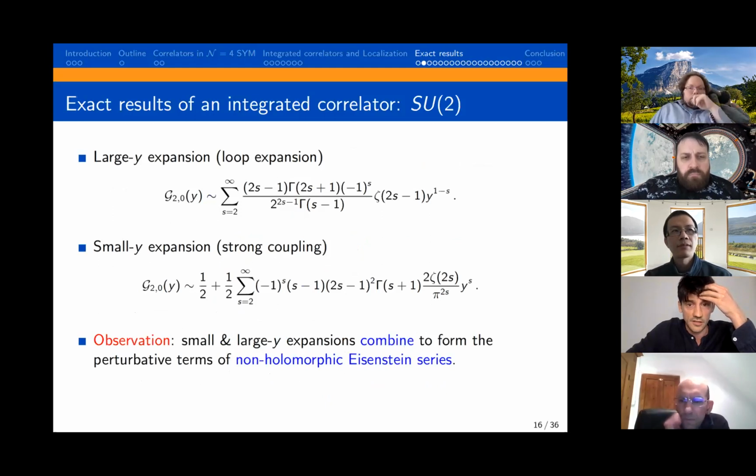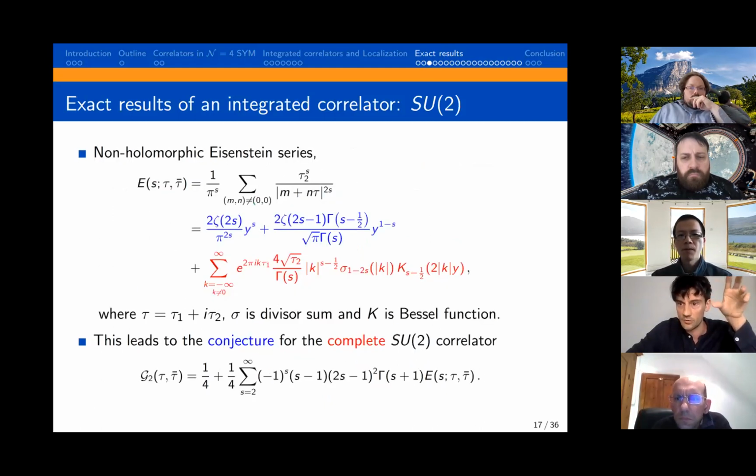It is an asymptotic series, right? That's correct. And then you rewrote it through this Eisenstein series, which contains exponentially small terms, when Y is large.